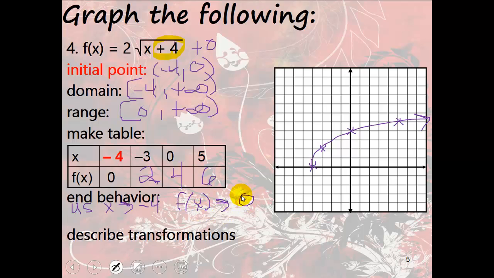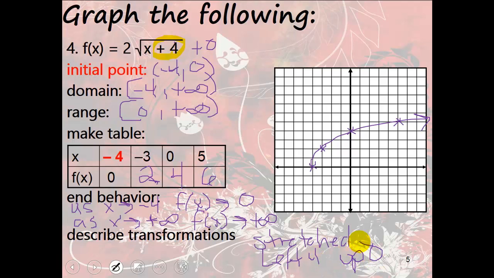And then as x goes to positive infinity, f of x is going to positive infinity. The transformation: not reflected because there's no negative, so I'm stretched, and then I'm left 4 and up 0. Okay, left 4 and then up 0.